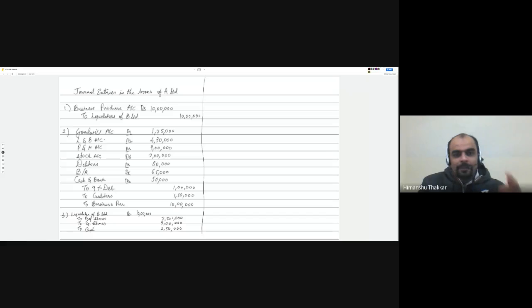Then debenture holders are allotted 10% debentures in such a way that they get a premium of 20%. That is debenture interest. Sorry, debenture holders will be given 10% debentures in such a way that they get premium. So some more premium is to be given, premium on the issue of debentures.